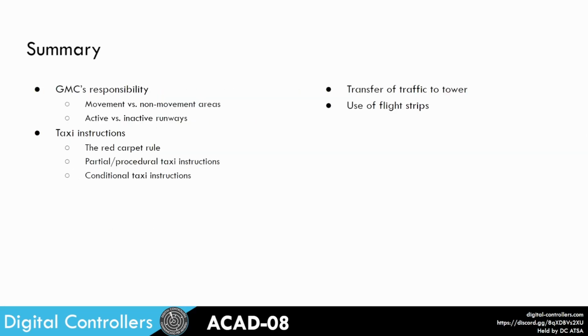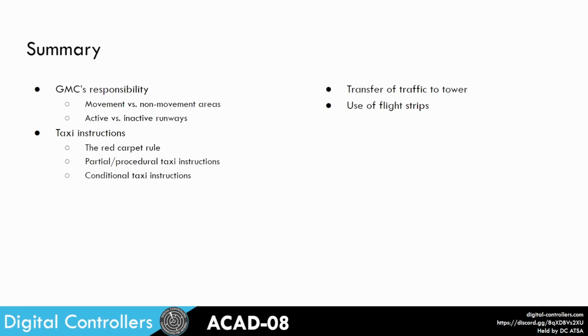So to summarize ACAD-08, we have looked at GMC's responsibility involving movement and non-movement areas. We briefly looked at active versus inactive runways. And then we had a look at taxi instructions involving the red carpet rule, creating departure sequences, and also partial taxi instructions.